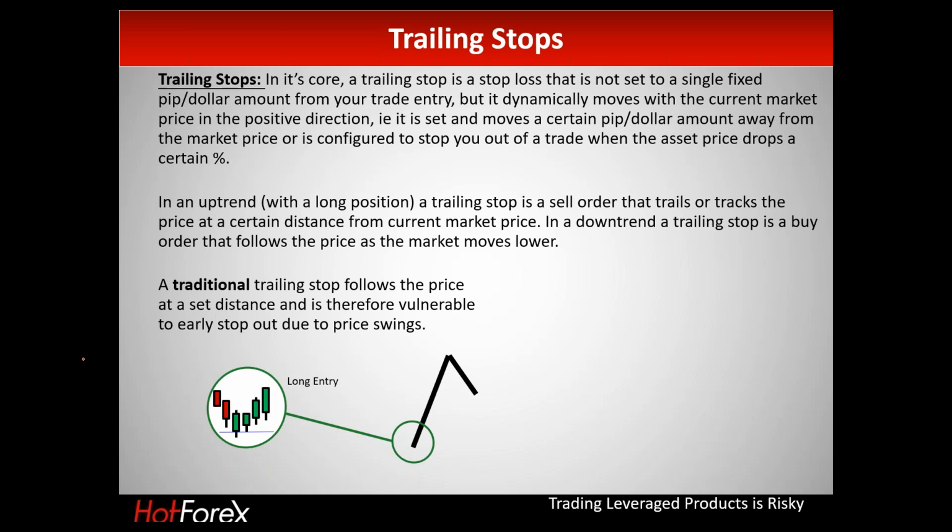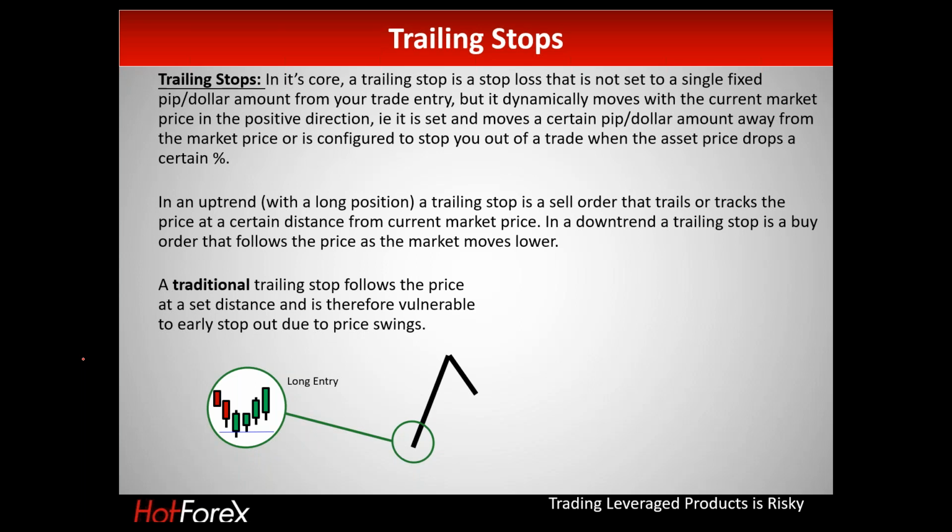So a trailing stop is set and moves at a certain pip or dollar amount away from the market price, or is configured to stop you out of a trade when the asset price drops a certain percentage.